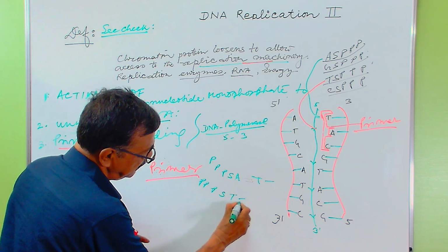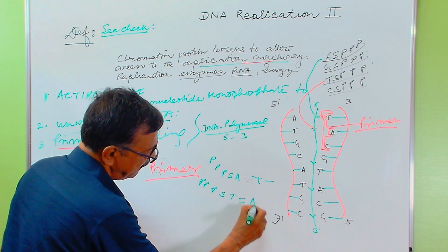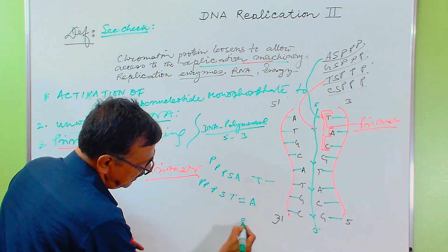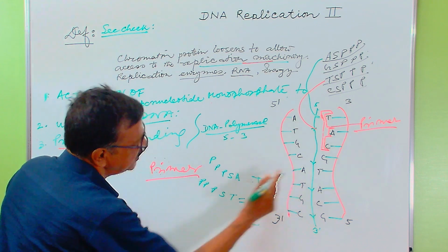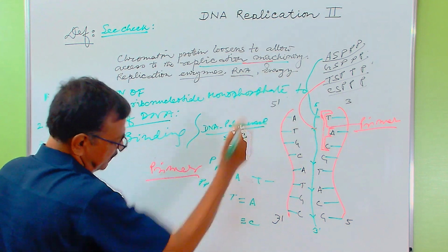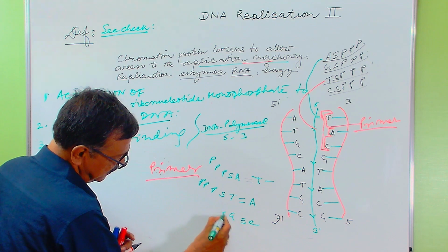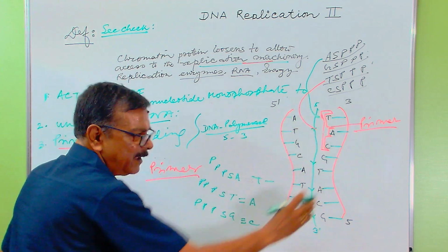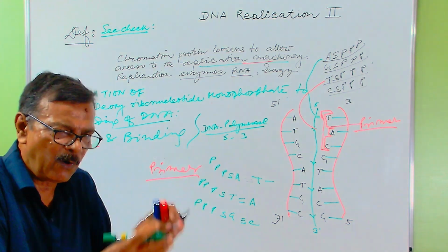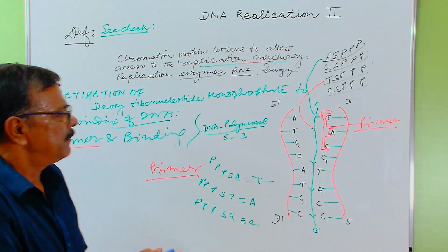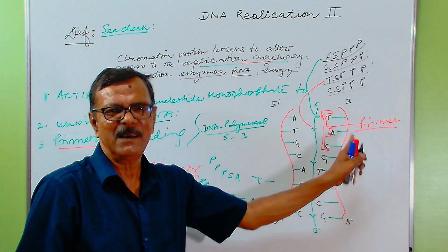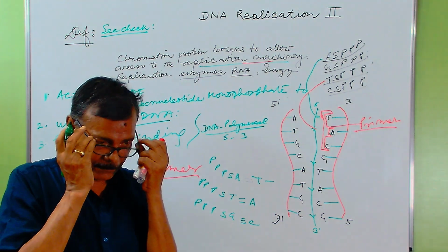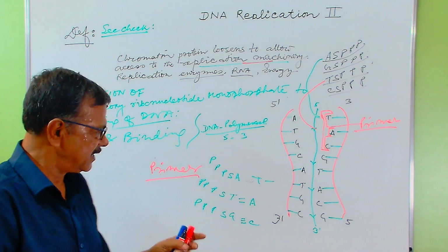It will join with T, A. In case of C, G, S, P, P, P will come, G, sugar, phosphate will come here and join. In this way, they will go on joining, because the primer has instructed them to start their strand this way. The leading strand and lagging strand will come.